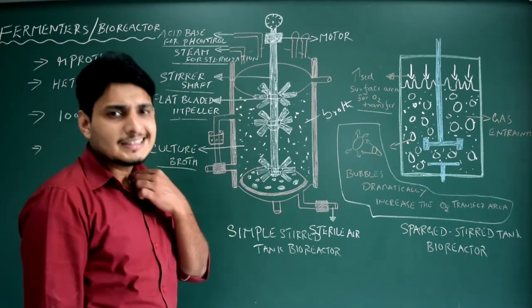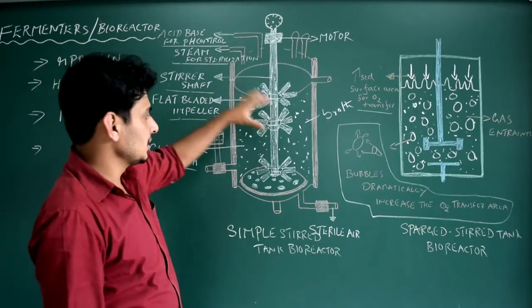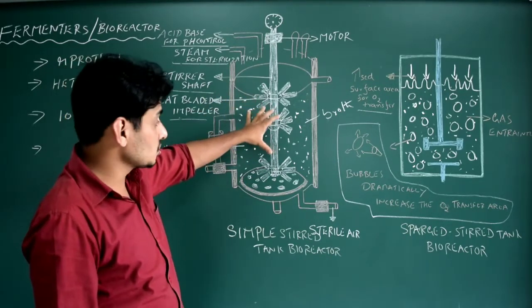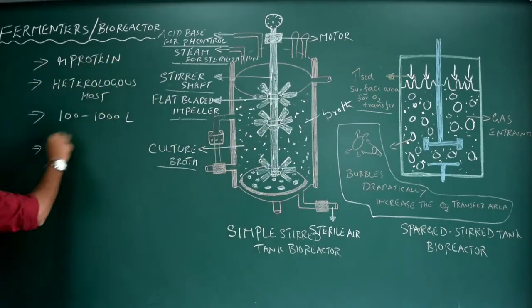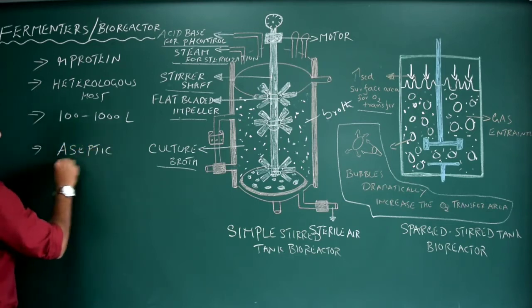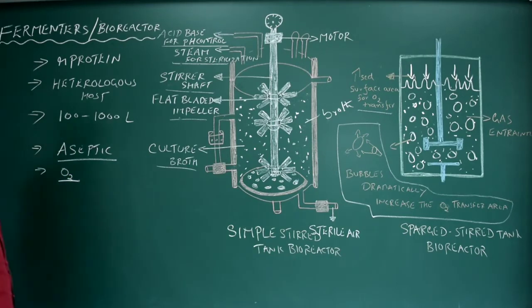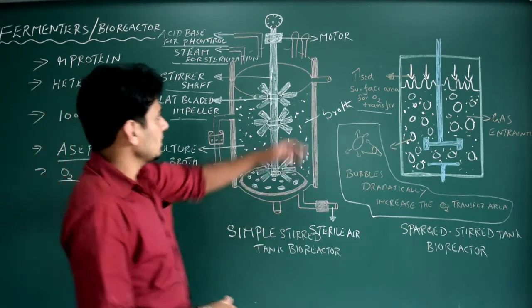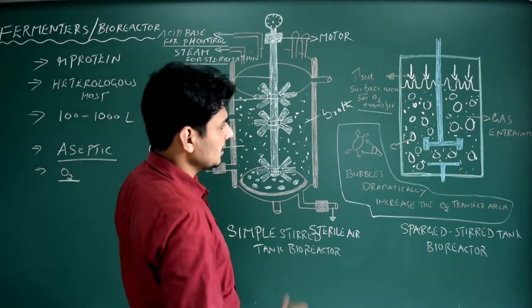One more thing, what challenges do we face if we culture this heterologous host organism inside this vessel? You can write down these challenges. We need to maintain aseptic conditions, number one, and we need to provide oxygen continuously. You can see the inlets are there where we can provide it. Here I have not labeled it.